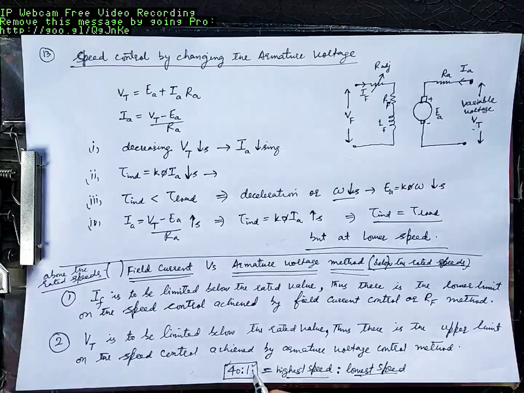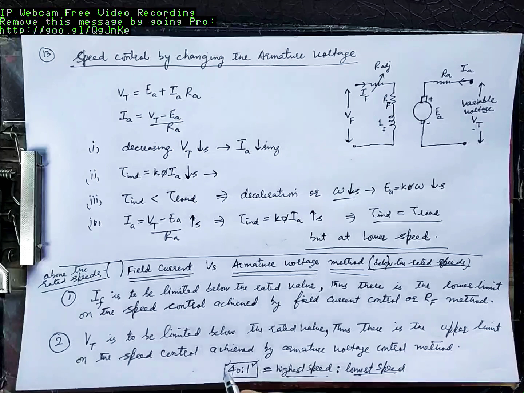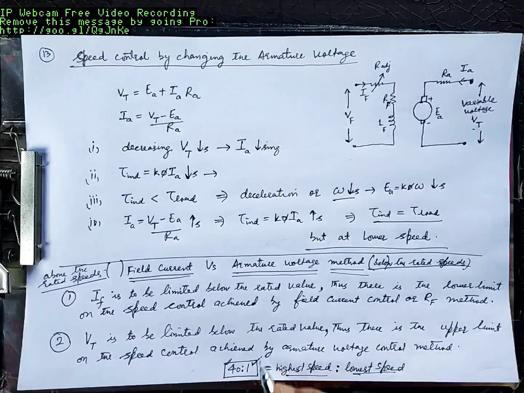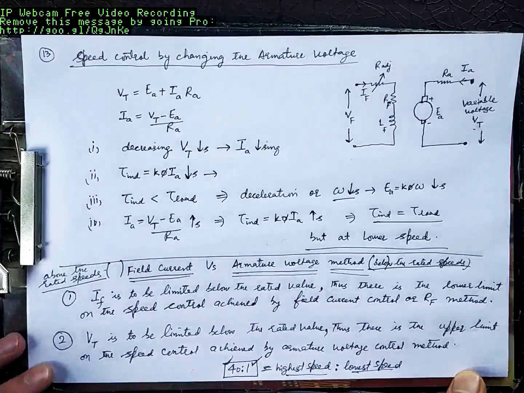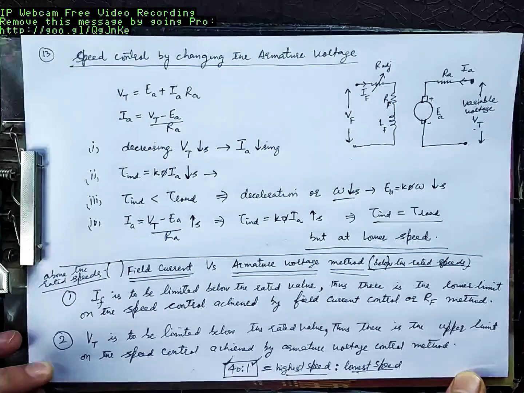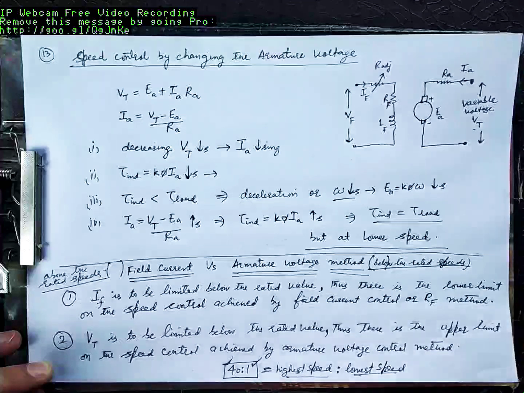If the smallest speed is 10 rpm, the highest is 400 rpm. If the smallest is 100 rpm, the highest is 4000 rpm. Look at the speed control available if you can use both the methods together. Fine. This is how basically it is done in a real DC motor.